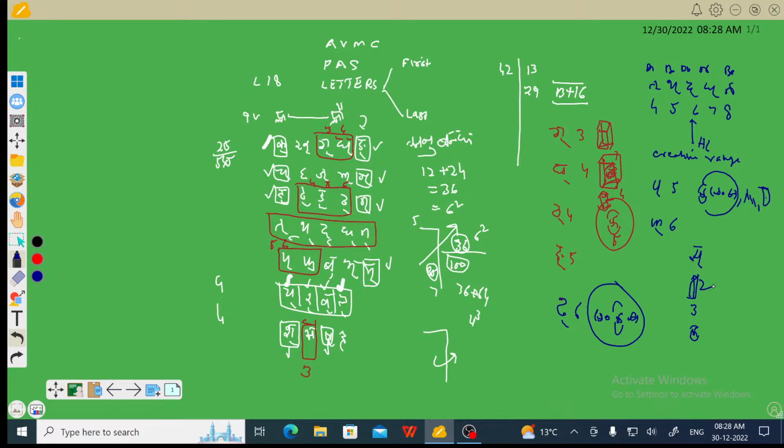We have to visit these 13 numbers: 1, 2, 3, 4, then 5, 6, 7, 8, 9, and 10, 11, 12, and 13.